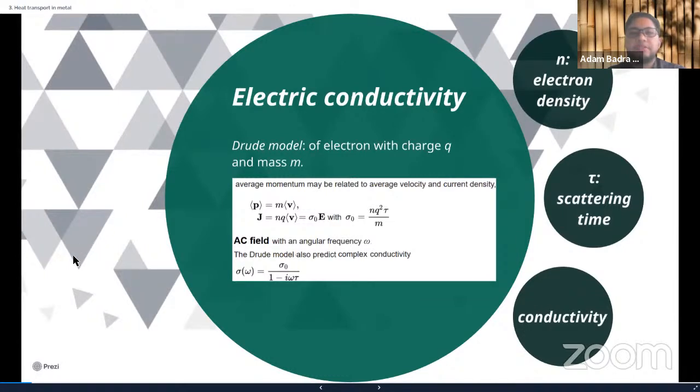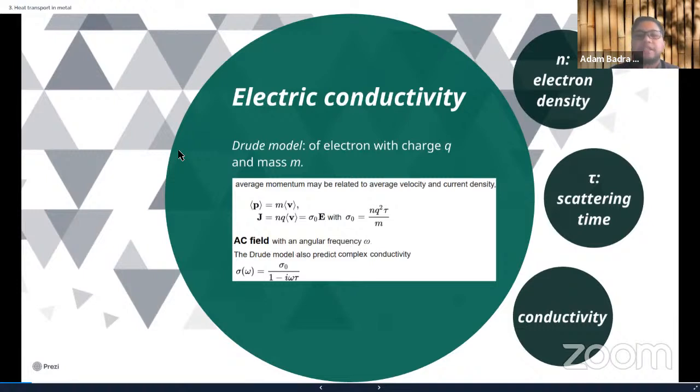So previously we saw that electric transport can be modeled using a microscopic model called the Drude model. In the Drude model, the movement of the electron is described by Newton's law, and from that we can connect the momentum with the velocity and the current density of the electron.